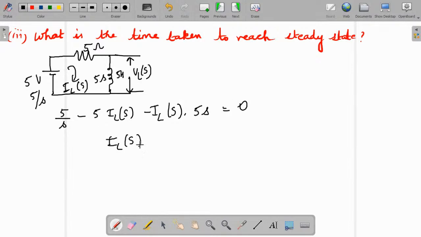Simplifying, IL of S is 1 by S into S plus 1.